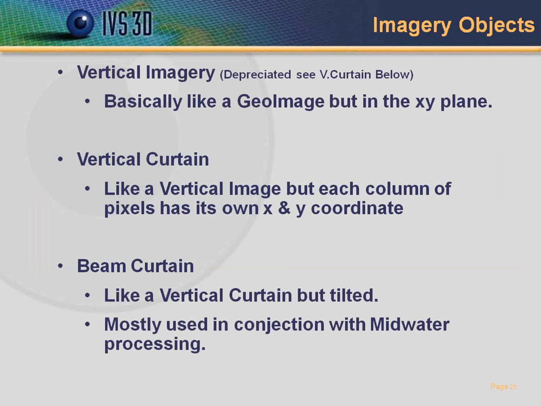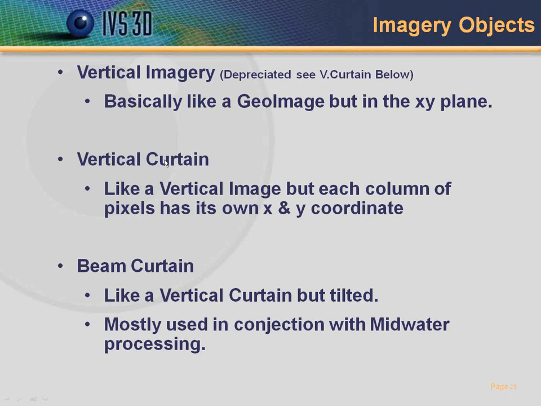There's actually a number of imagery objects. If you can take an image in and put it flat in the Z-plane, you can also bring in an image and treat it as a vertical image, oriented in the XY plane, given a start and an end coordinate and a height range, and it will bring that data into the system.